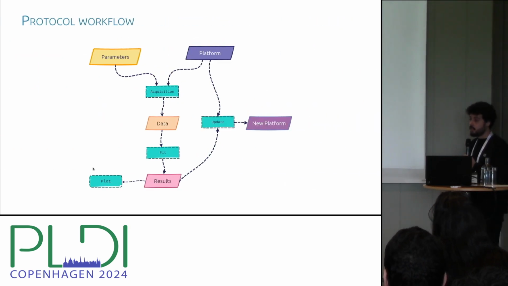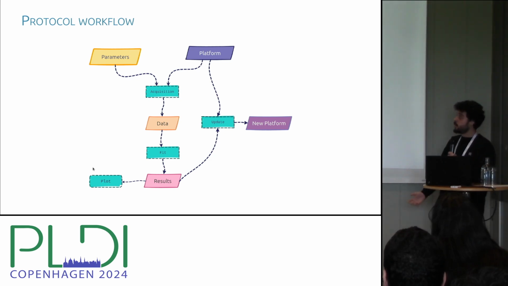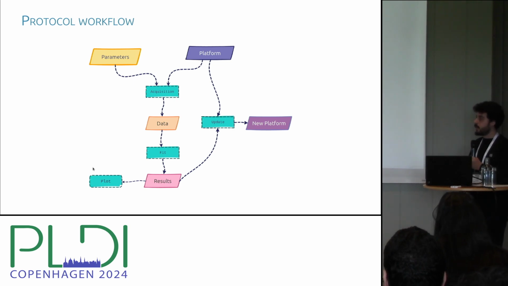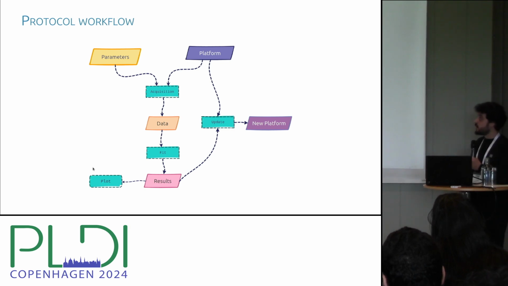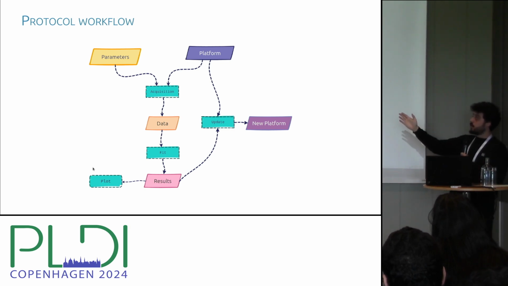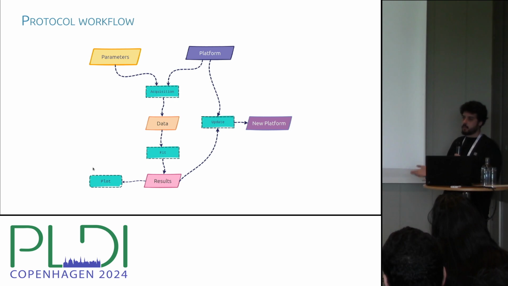Also in Qibocal, we are trying to use a modular approach, and for this reason, a protocol is defined by a specific set of data structures and functions. So in this case, for each protocol, we have the parameters that are the input parameters of the experiment.